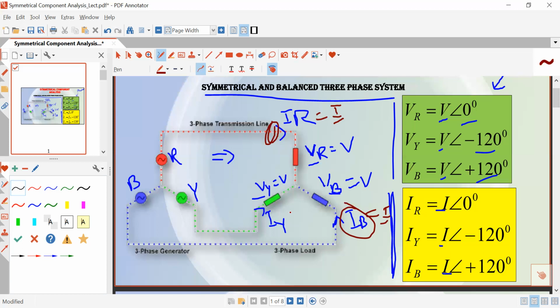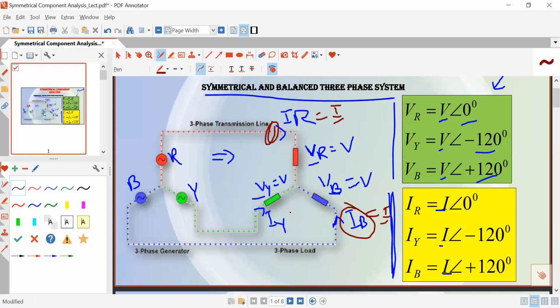So there is a need of a technique through which you can analyze an unbalanced power system on per phase basis also. And symmetrical component analysis is the technique through which you can analyze an unbalanced power system on per phase basis also.